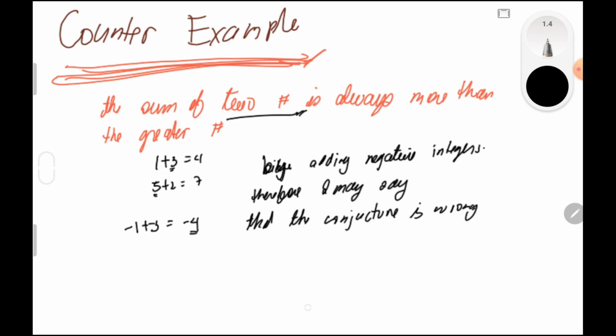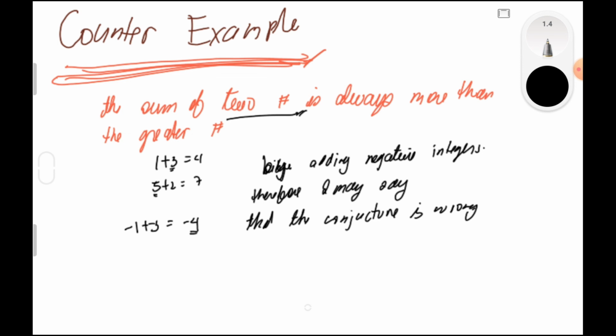Okay, ito yung tinatawag nating counter example. These are examples made with the sole purpose of making the conjecture wrong. Okay, or to penetrate the conjecture.